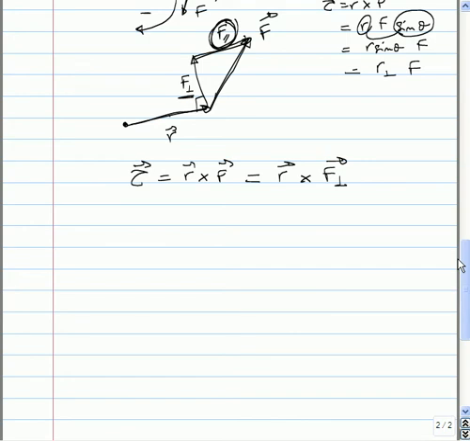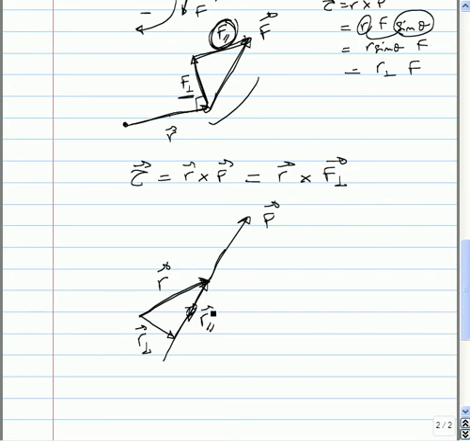Now what you can also do is, instead of decomposing the f vector, because you might not have the luxury of being able to decompose your f vector like we've done here, since you might not know this distance in your problem, then what you can do is play with the r vector and decompose the r vector into two vectors, one which is perpendicular to f and the other one being parallel to f. So if this is r, this will be called r perpendicular, this will be called r parallel.